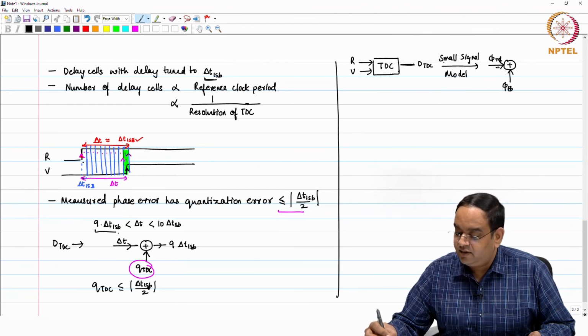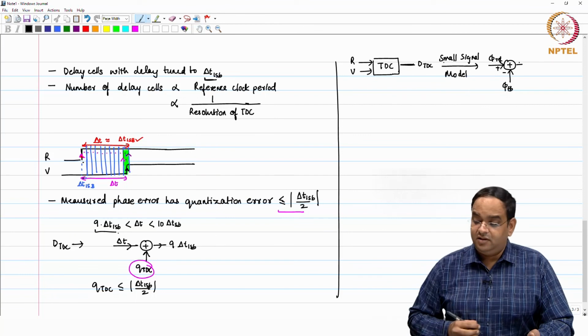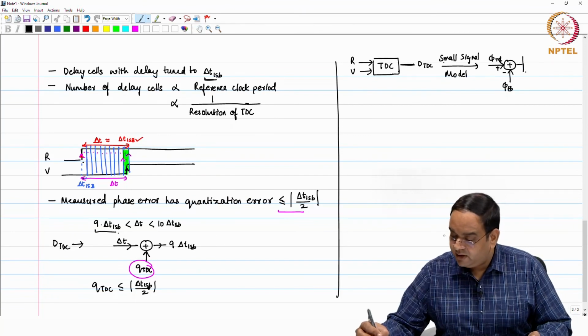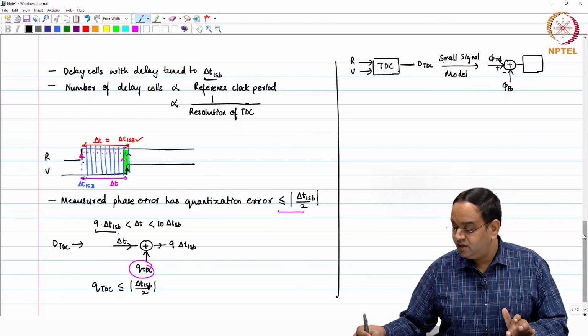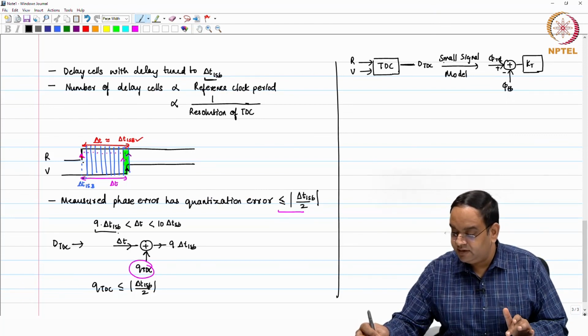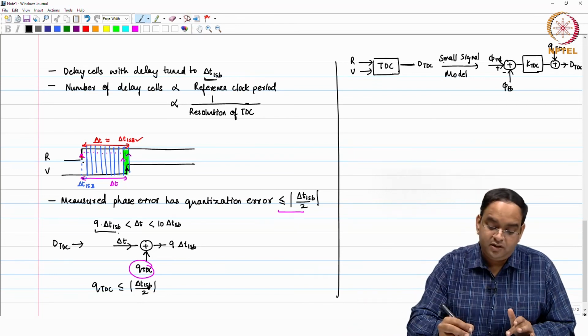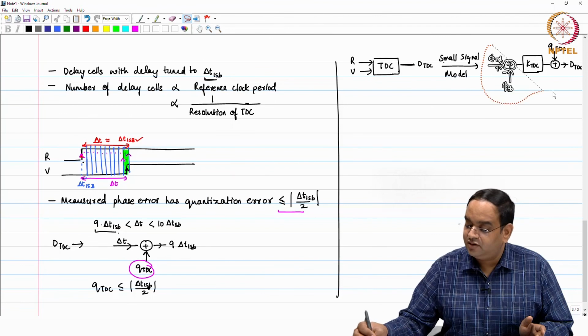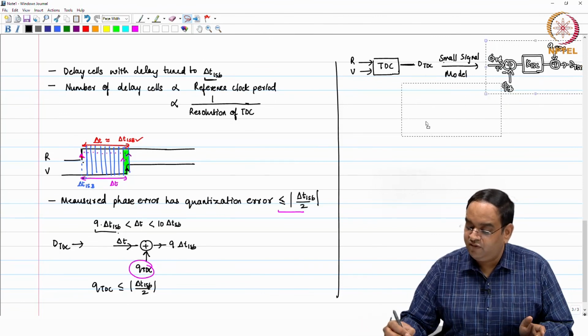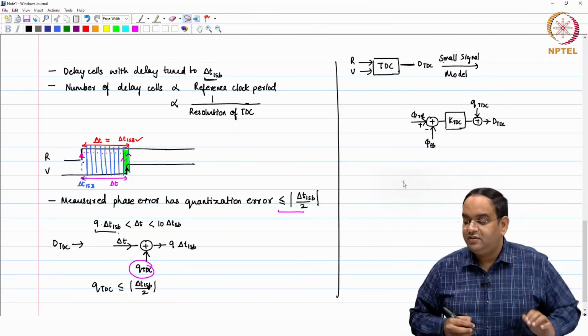I subtract these and I multiply by the gain. What is the gain of the TDC? Let me just write it as k TDC, plus I add the quantization noise qTDC and then I get dTDC. Okay. That is the small signal model of the TDC. Okay.